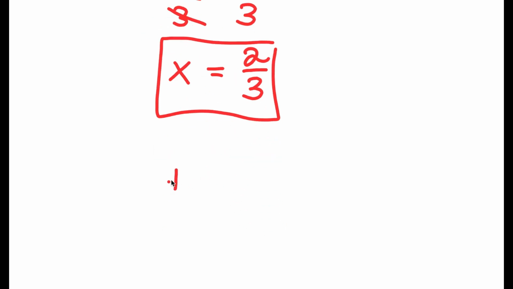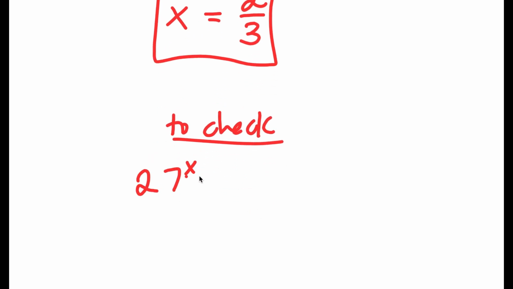So now to check, my equation was 27 to the power of x plus 27 to the power of x plus 27 to the power of x is equal to 27.